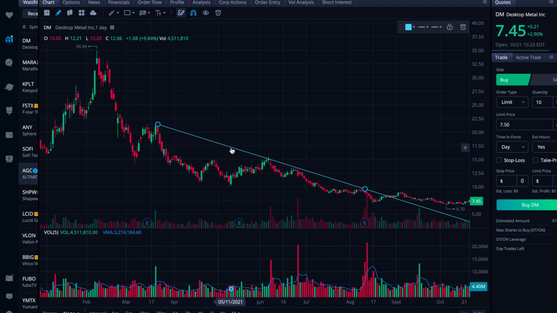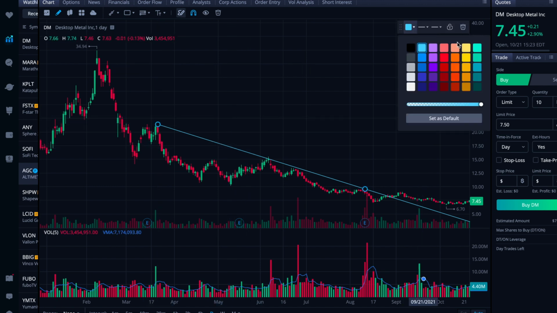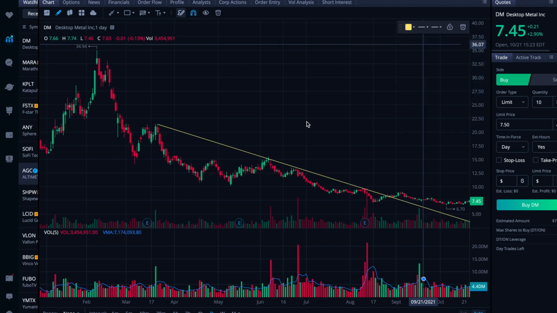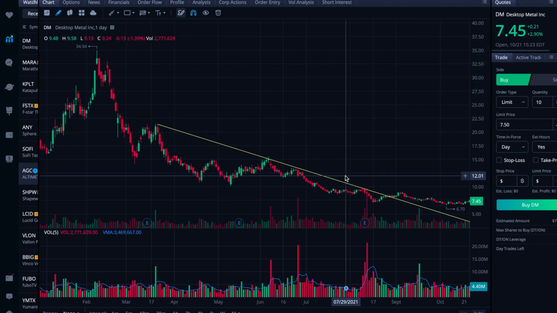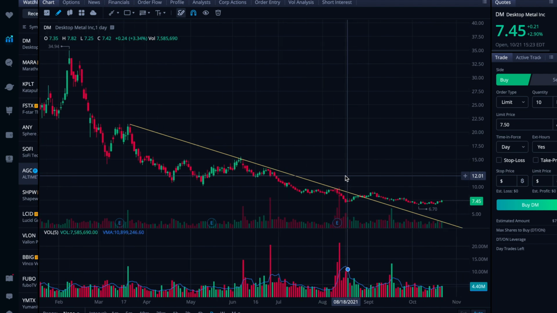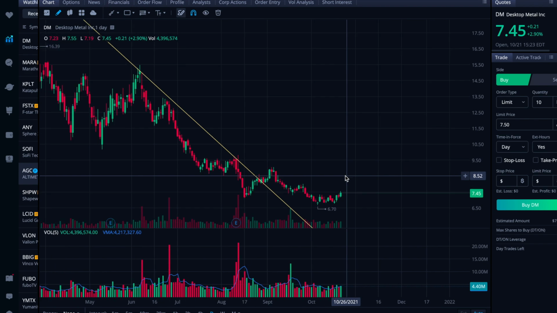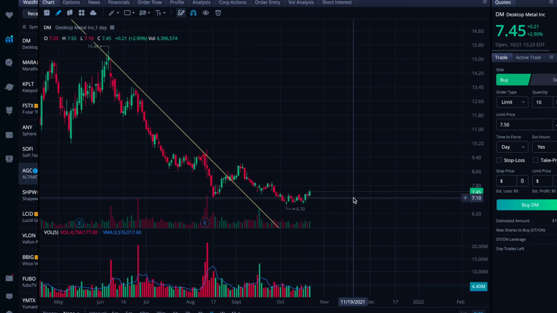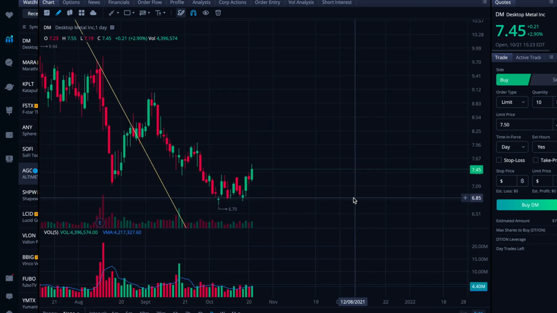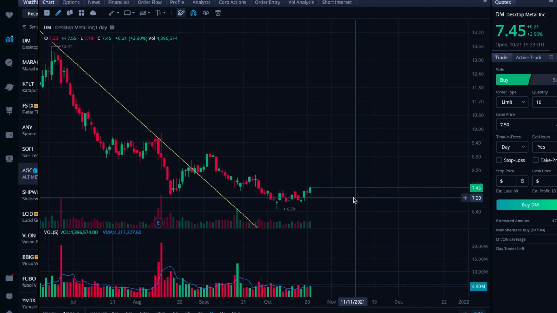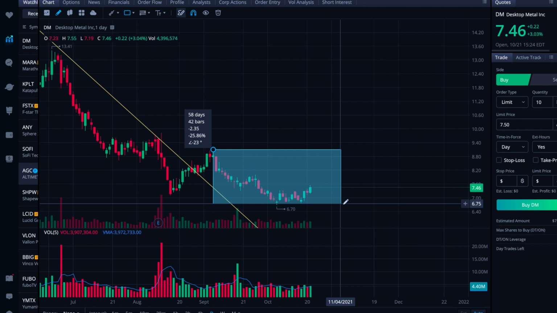Perfect. Okay, so this was the downtrend, and it can be useful sometimes to plot these downtrend resistance lines or uptrend support lines that they've recently broken out of, because right now it has an opportunity to break out, and it's also trying to put in one cup and then also a stronger cup, all in this area here.